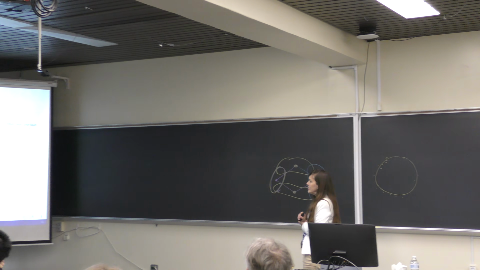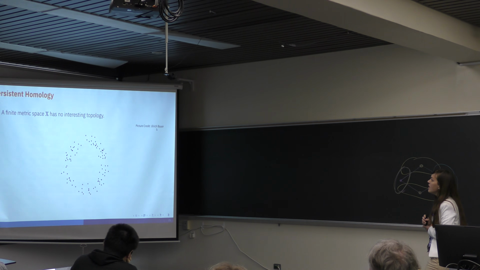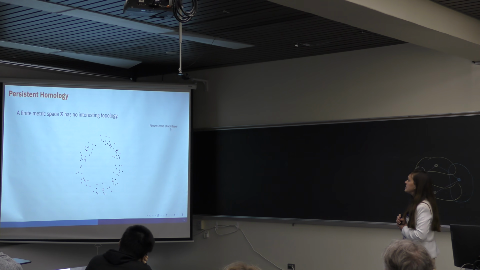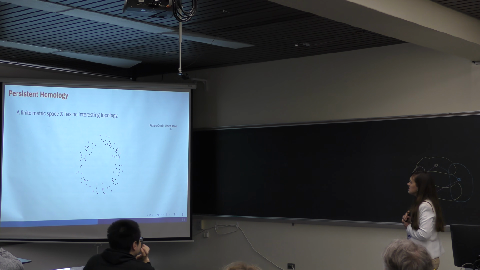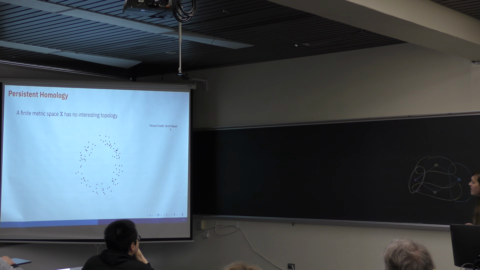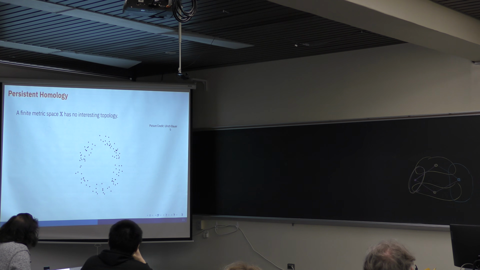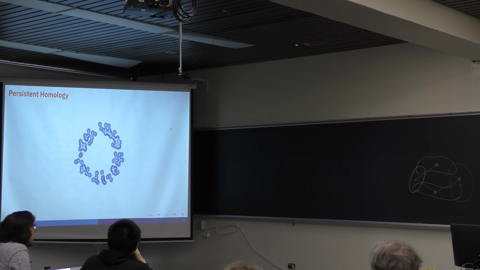So now the question is, what does persistent homology do? How do we adapt our homology method? We start with a finite metric space, and as said, by itself it doesn't have very interesting topology. One thought is that instead of observing just these points, I'm going to thicken each point a little bit.